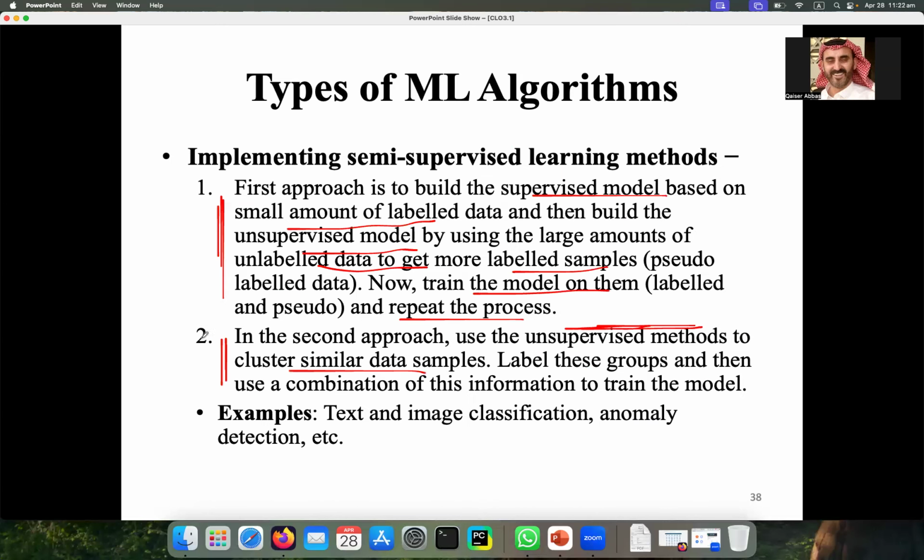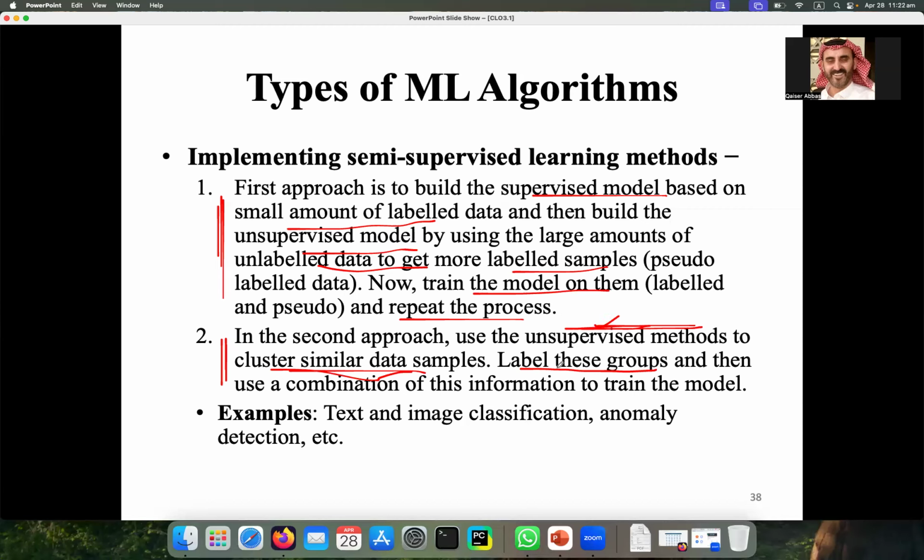So in the second approach, we use unsupervised models, meaning our data is unlabeled, and then we use the clustering approach. Our data is divided into clusters, into groups, and these groups are basically the labels of that data. When we have those clusters, we label these clusters. Now our data is labeled after using that unsupervised approach.